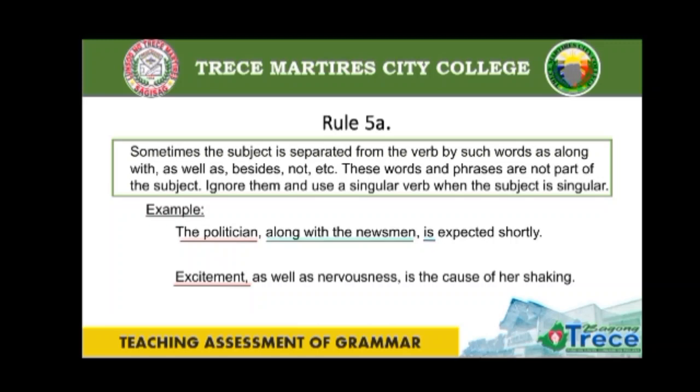Since excitement is singular, therefore we're going to apply a singular verb, which is also a linking verb. It was separated by "as well as nervousness." Although nervousness is a noun, it follows the group of words "as well as."